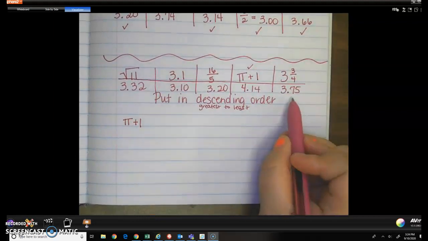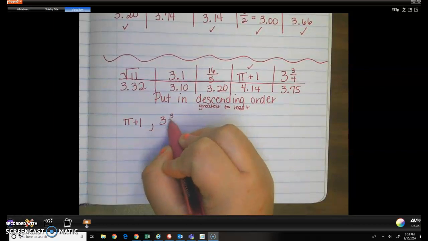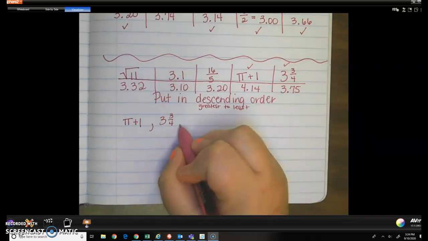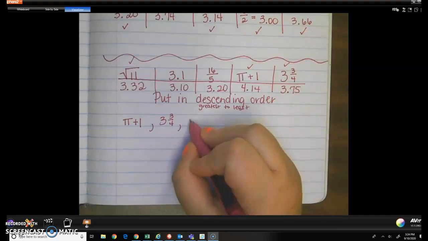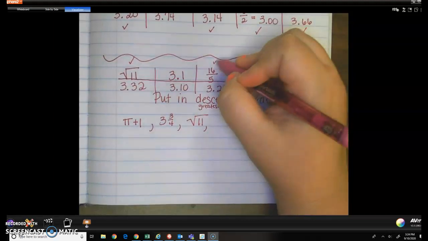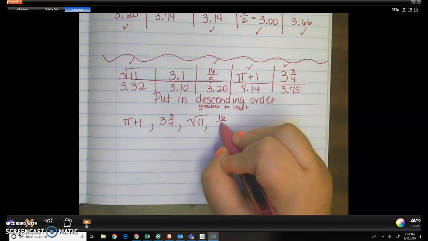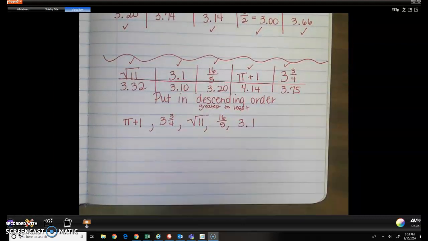My next highest was 3 3/4, check mark. My next highest is $3.32, which is square root of 11. Then my next is 16/5. And my smallest was the 3.1. Again, notice I put them back in their original forms.